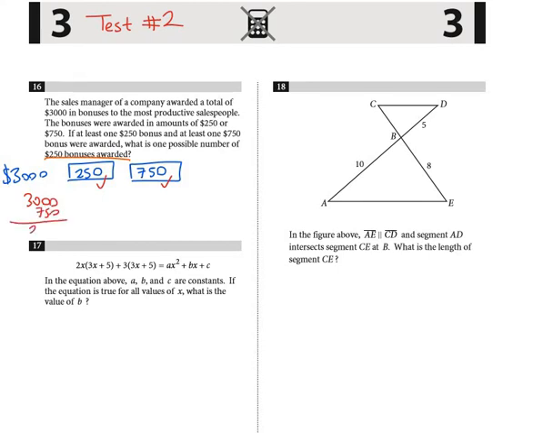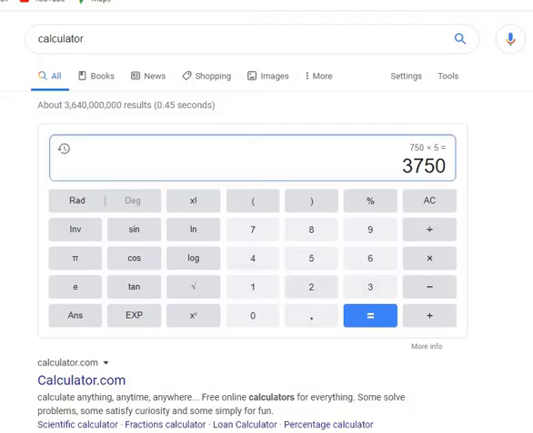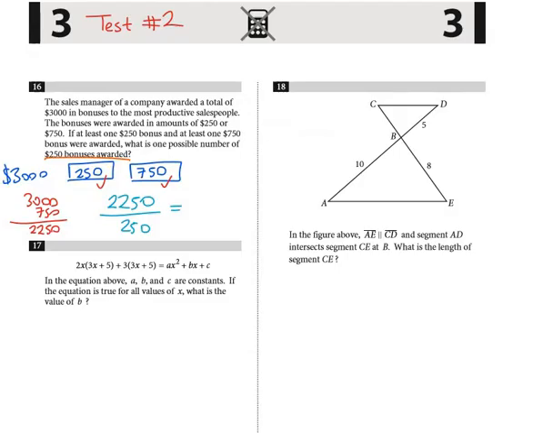So we're going to obtain 2,250. Now we are going to find one possible value of the number of $250 bills. So let's divide 2,250 by 250.